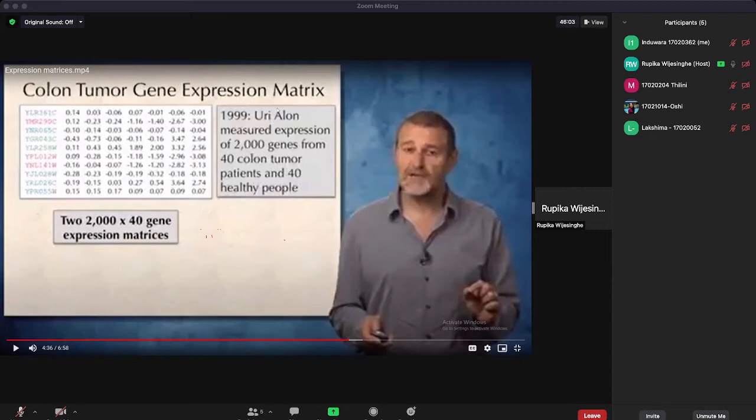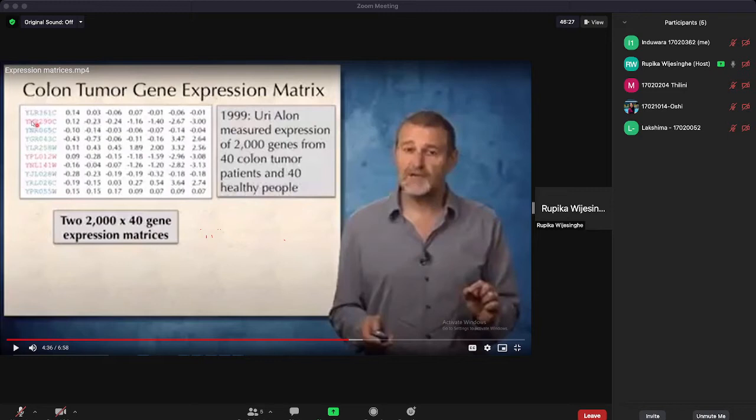So we know that we have many genes, but here the expression is measured in only 2000 genes. This matrix we can say is for the patients.